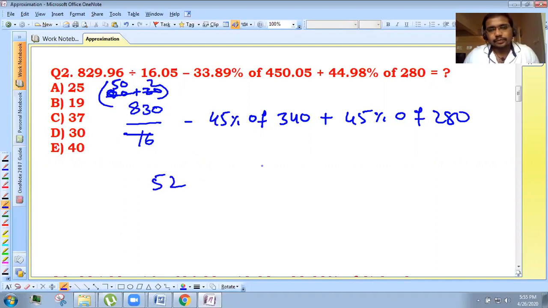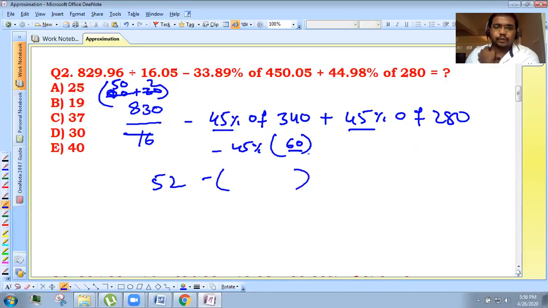Total how many times? 52 times. Minus this value 45%, here also 45%. I am taking 45% common. Minus 45%, then 340 minus 280, that is 60 only. In the 60 you have to calculate 45%.